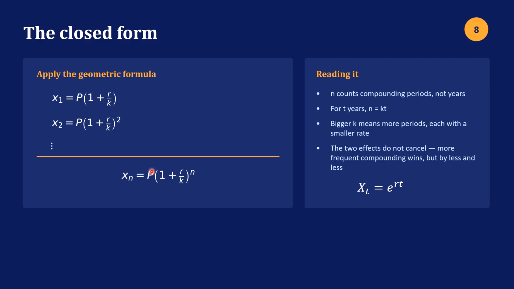So if you invested money in an annuity, for example, and it was 30 years and compounded monthly, your n here would be 12 times 30, so it would be 360. So just be careful of that. A bigger k, in other words, more frequent compoundings, gives you a smaller rate per period.